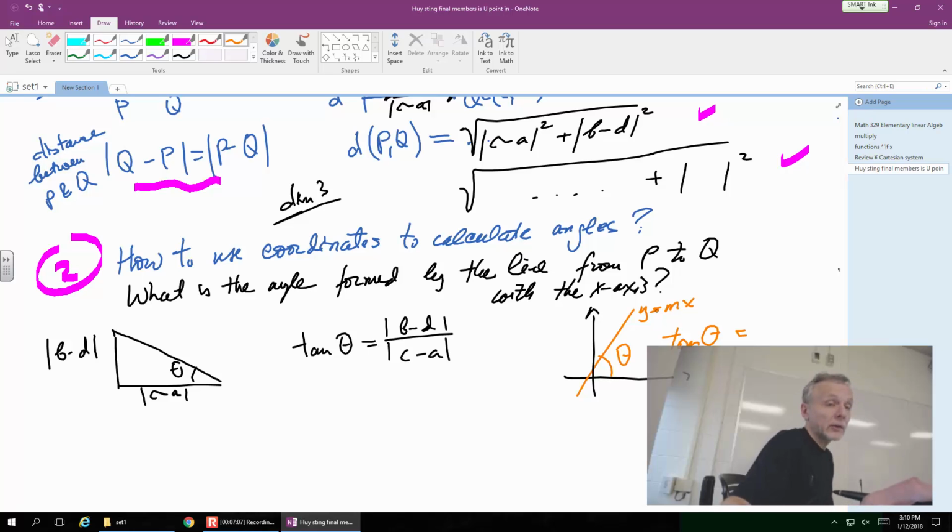What's tangent theta? Express tangent theta in terms of m.